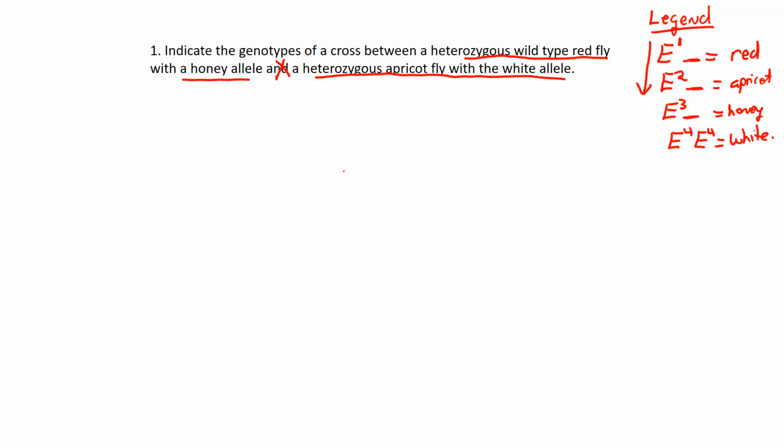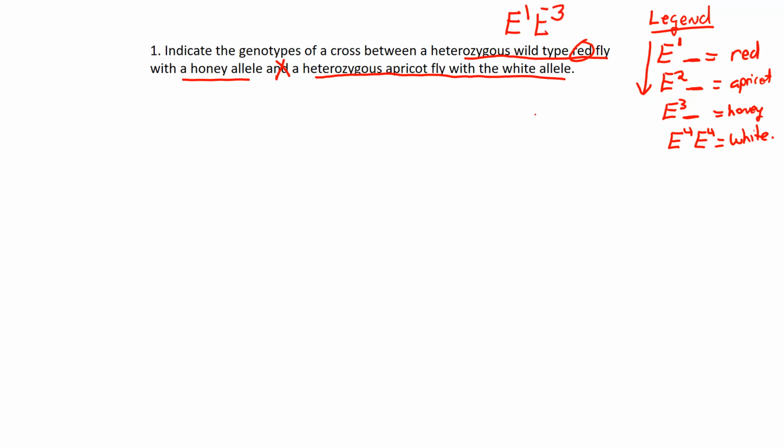So finishing up step 2, we want to put their genotypes just above them. So heterozygous red. If it's red, it must have at least an E1. And it is telling you it's heterozygous, so we know the other can't be an E1, but they're telling you it's with a honey allele. So for the honey allele, we take a look at our legend, honey allele is E3.